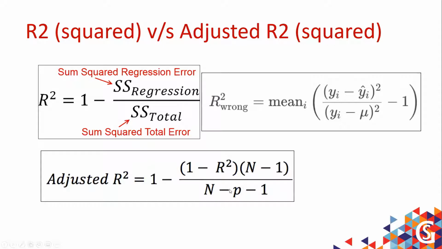So that is the number of columns that go in here for p, and n is the number of rows that we have in the data. As the number of regressor columns increases, the value goes down, and 1 minus this value will obviously go down, and the adjusted R square will also go down.